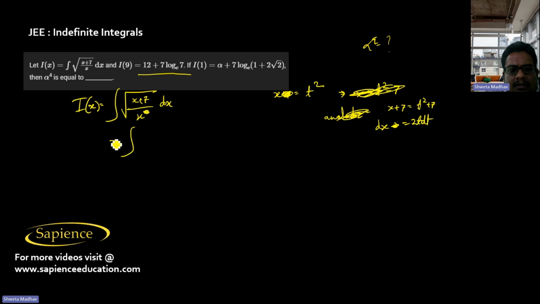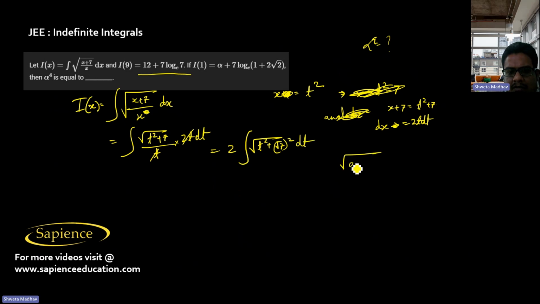So the integral of root over t square plus 7 by root over t square, that is t, into 2t dt. Now t t will cancel, so then I can write 2 integral root over t square plus root 7 square dt.